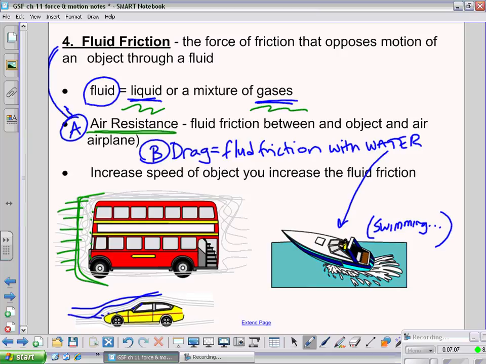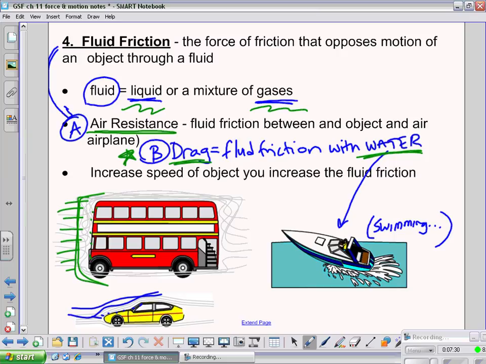And then the second type that I added here, and I really want you guys to add this to your notes, so I should be able to check this tomorrow and see that you added all this stuff as well as filled in your blanks, is drag. And drag is fluid friction with water. Any of our swimmers, I know our swimmers went down to state today, they talk about reducing their drag, reducing the friction with them and the water.